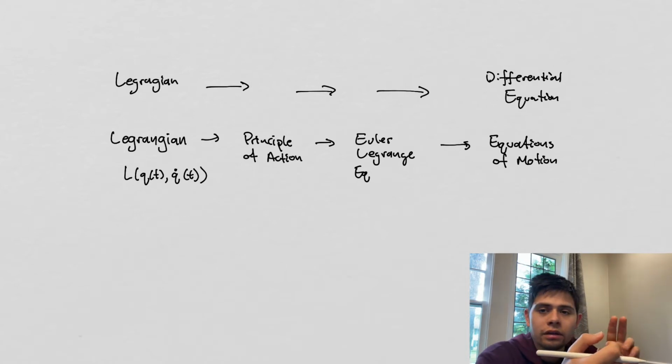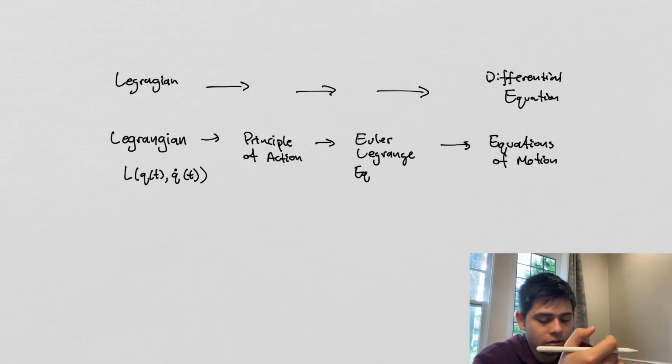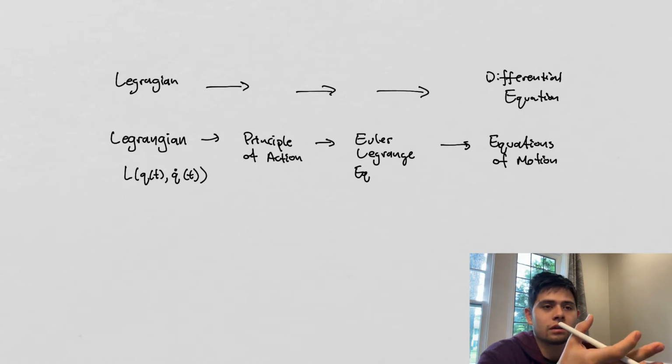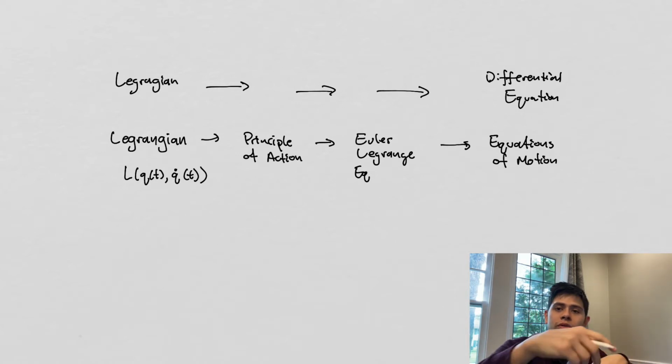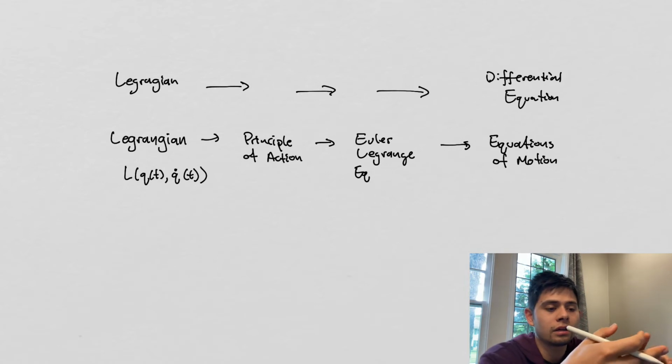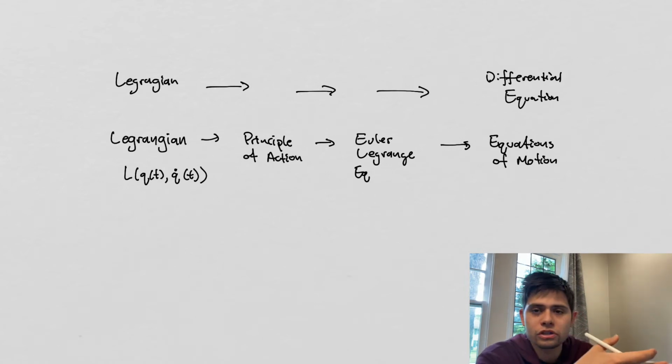Well, if we shifted in space and nothing changed in our Lagrangian, then there would be momentum conservation. If we rotated our space, and the Lagrangian didn't change, we would have angular momentum conservation.